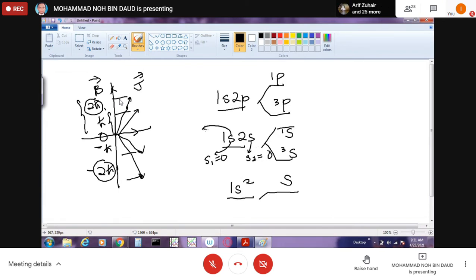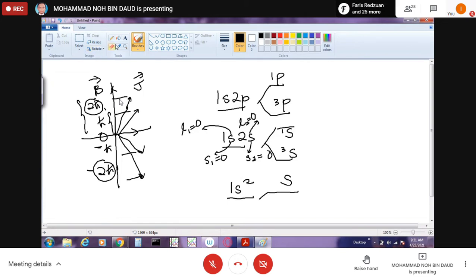So this is L 0, and using the angular momentum addition rules you can get here, sorry, this is not zero.